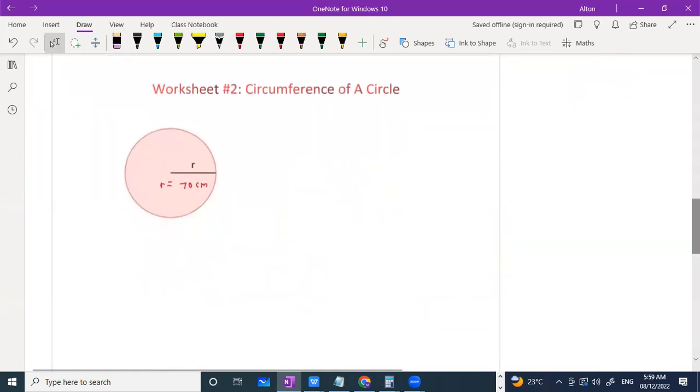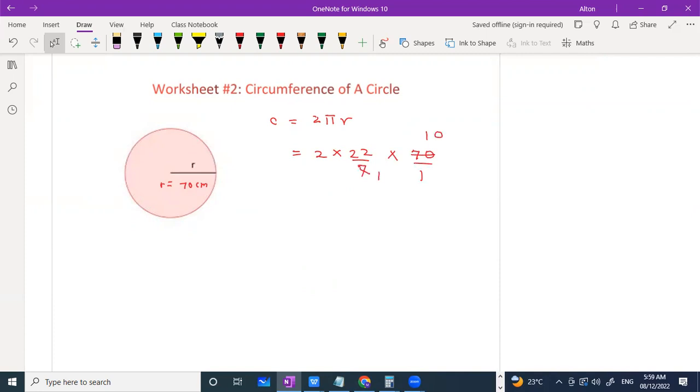Okay, so therefore we're going to switch to the first formula. Circumference is equal to 2 pi r. So we're given the radius as 70. That looks familiar. We did a sum like that already. Remember? 70 can go into this 10 times. 22 by 2 is 44 by 10, 440 centimeters in this case.